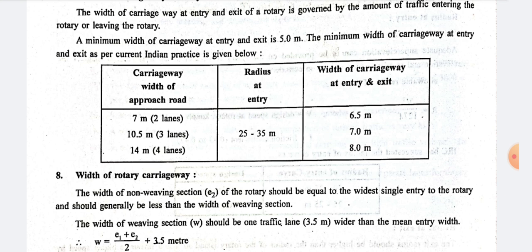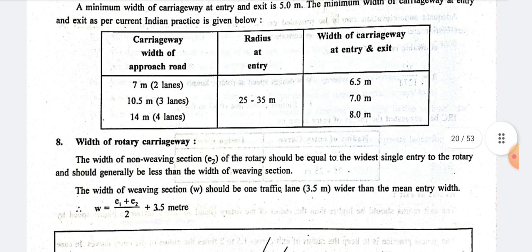The width of the approach road, the radius at entry, and the width of the carriageway at entry and exit are given.